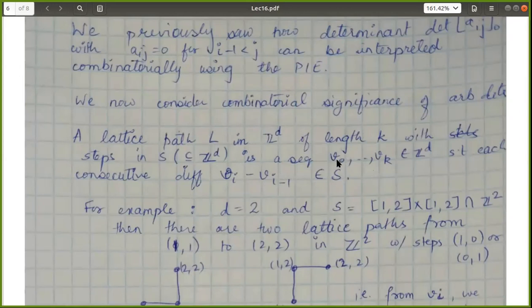Length k means there are exactly k plus 1 points, so exactly k differences.